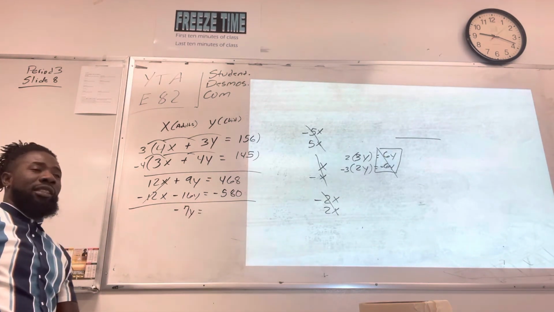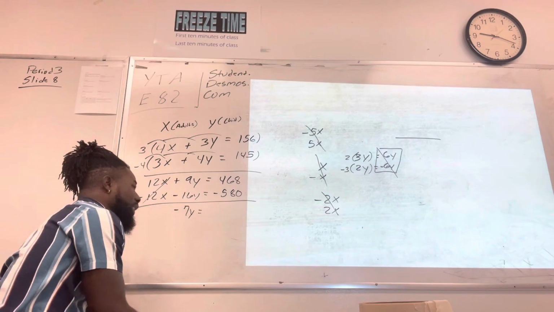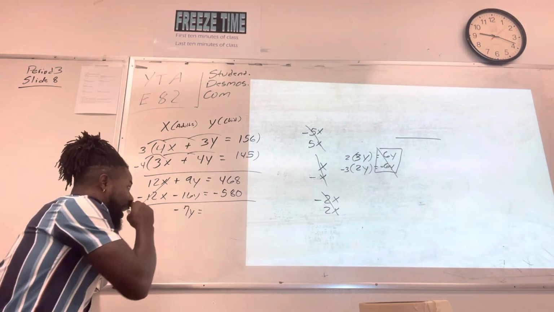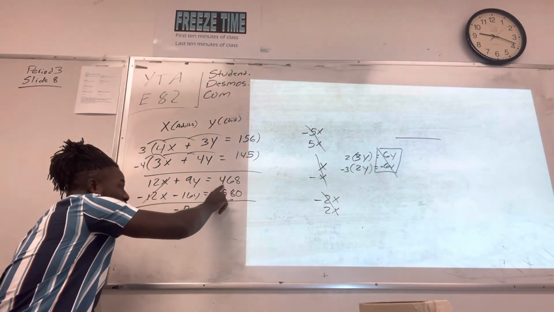All right. Once again, you have your light bill. This is a crazy light bill. Your light bill is $580, but you only have $468.